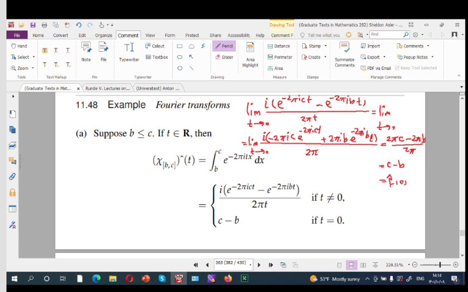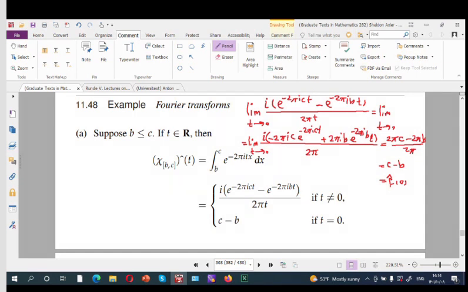So this function is continuous at 0 and also continuous at all non-zero real numbers, so that this Fourier transform is continuous.